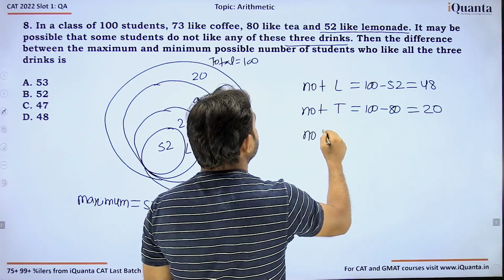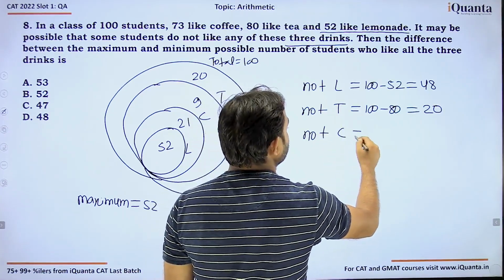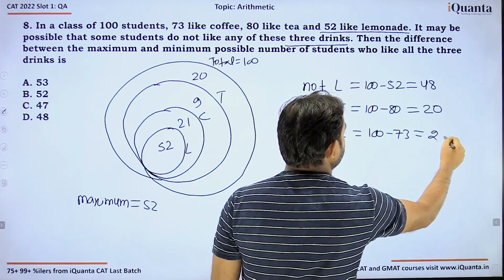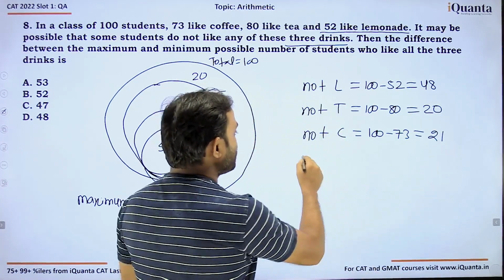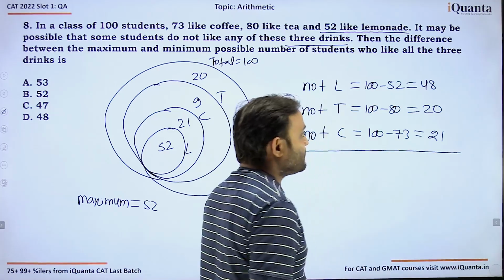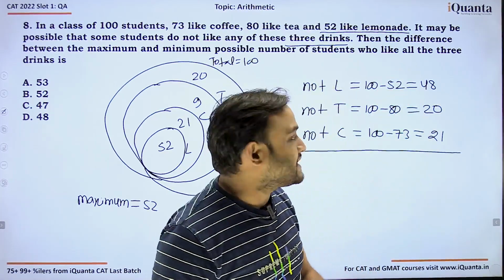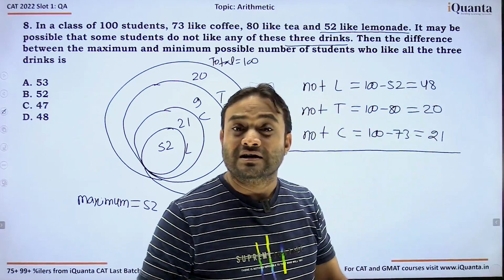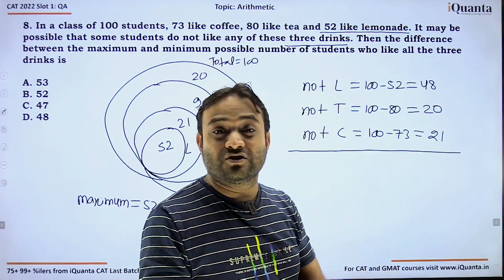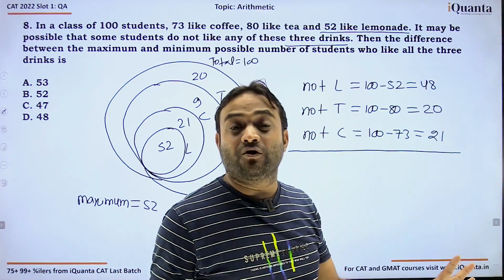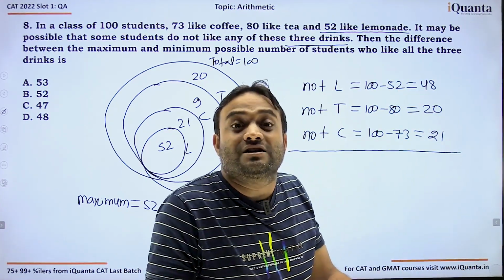And the number of students who do not like coffee will be equal to 100 minus 73, which is equal to 27. Now, if we add these values, if we think that all of these students are independent, you can see that all of these values add up to less than 100. So it's possible that all of these students are independent from each other. All of these are unique students.